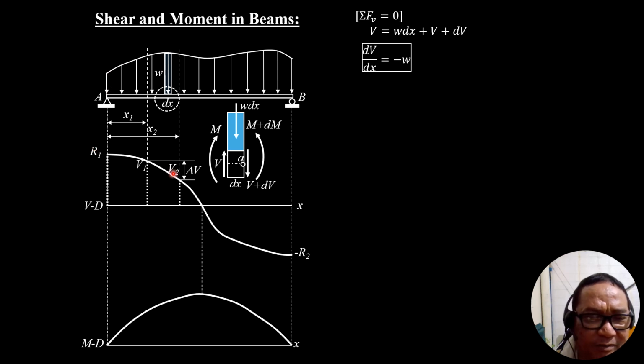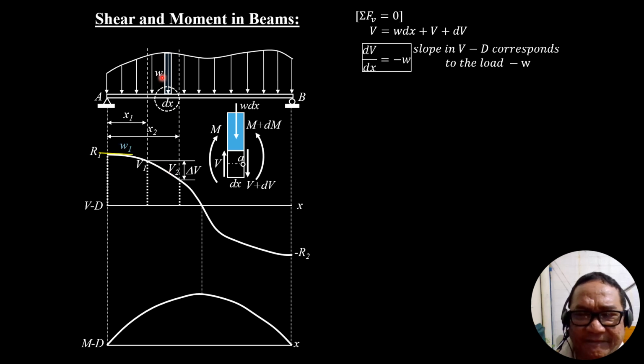So if we have W there, the tangent at this point is equal to the W, and W is treated negative. So if this is W1, then the slope is negative W1. If this is denoted W2, then the slope here is W2.